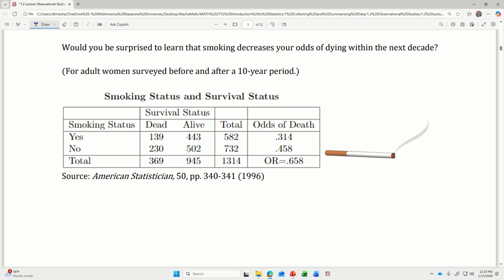Notice that the odds of death are higher for the no smoking status than they were for the smoking status. And these aren't made up numbers, but this is actually data gathered by statisticians at some point a few decades ago. And you're like, man, that sounds really counterintuitive. It is.